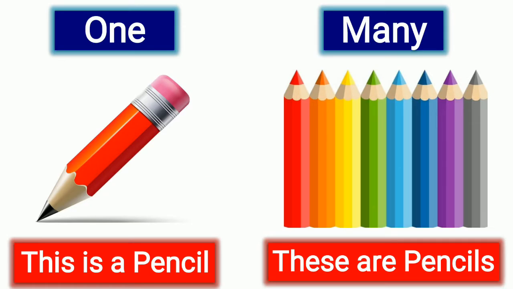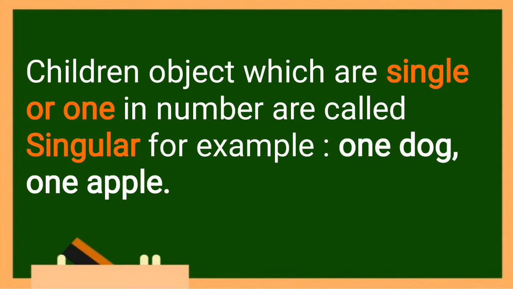Children, how many pencils do you see in this picture? Only one. And how many color pencils do you see? Many. So a pencil is one. So this is a pencil, and many, these are pencils. So children, objects which are single or one in number are called singular.